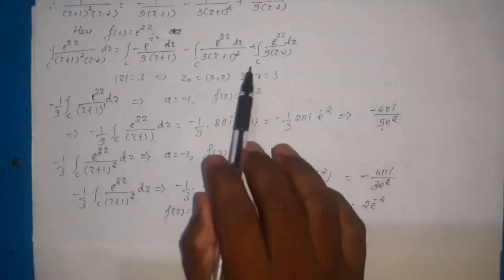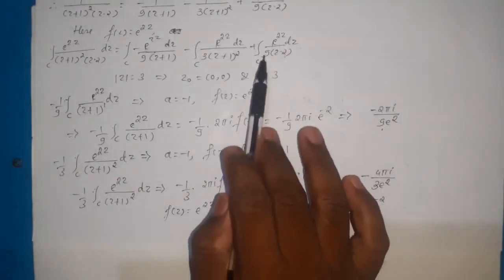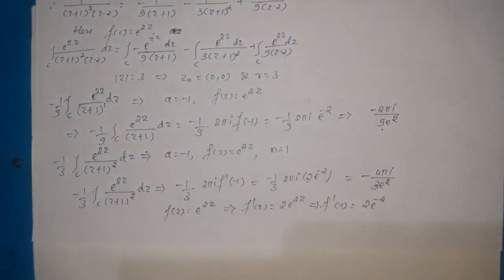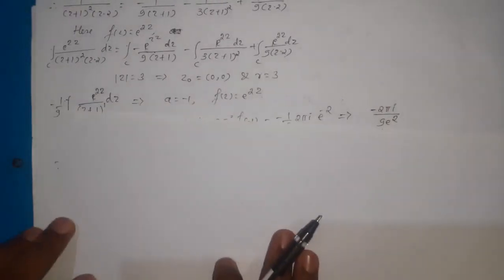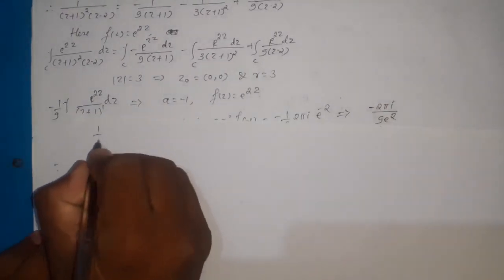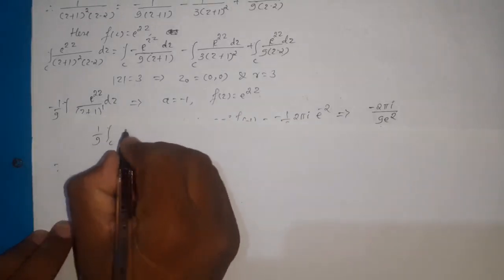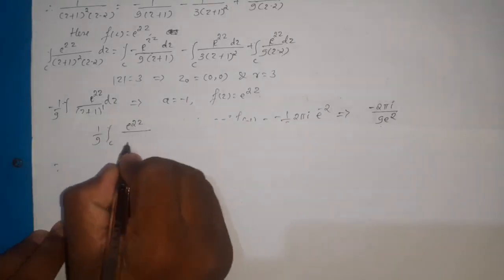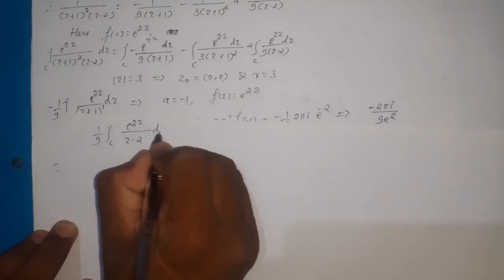So that is integration over C e power 2z divided by 9 into (z minus 2). So here, 1 by 9 integration over C e power 2z divided by z minus 2 dz.